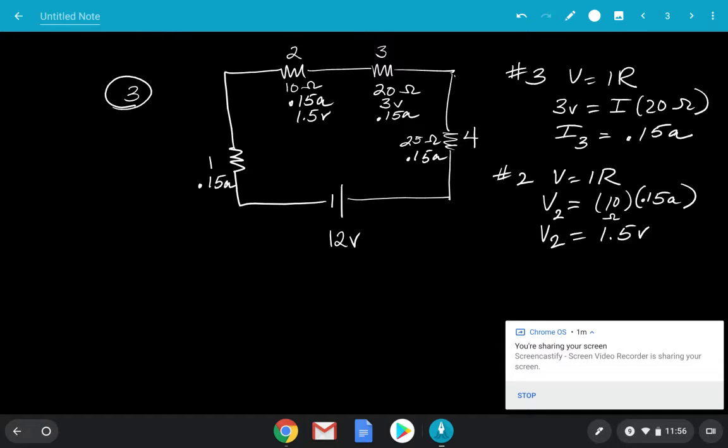And then let's do the same thing for number 4. Always start with what you know the most about. So V4 is going to be equal to 0.15 amps times 25 ohms. 25 times 0.15 equals 3.75 volts.